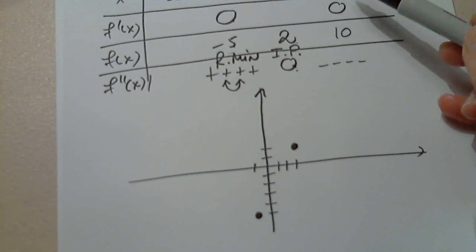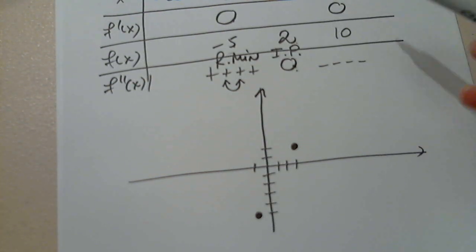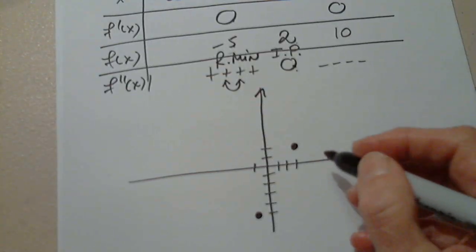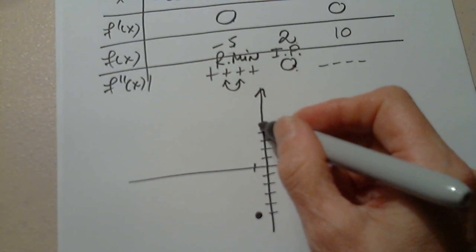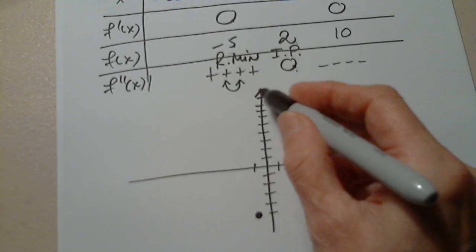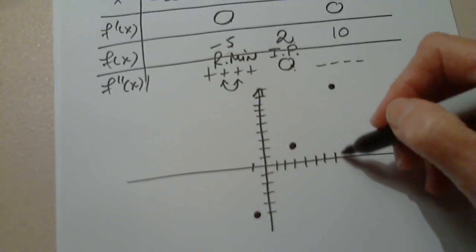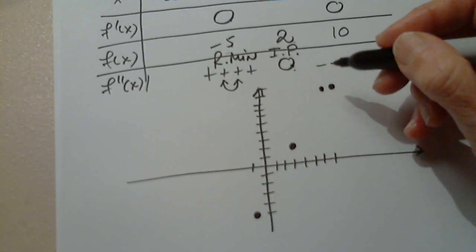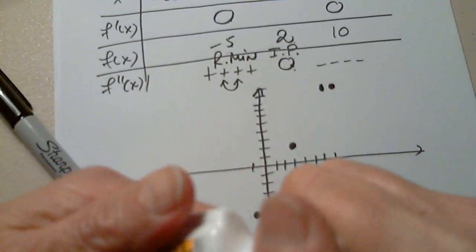Finally, at 7, the function has a critical number. The point is 7, 10. I missed it. Sorry.